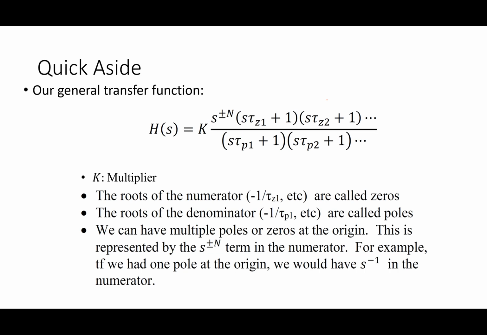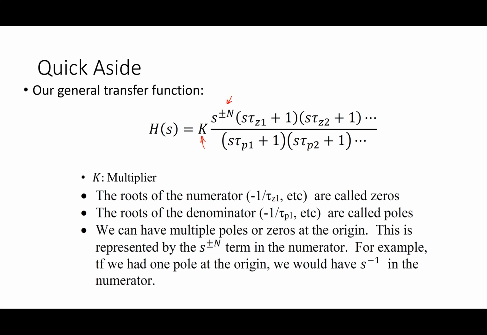In general, this transfer function has a bunch of poles and zeros, and they can be factored out. What I've done is factor it into a bunch of what I call first order poles and zeros. K is a multiplier on the whole thing, and then I have poles and zeros at the origin.